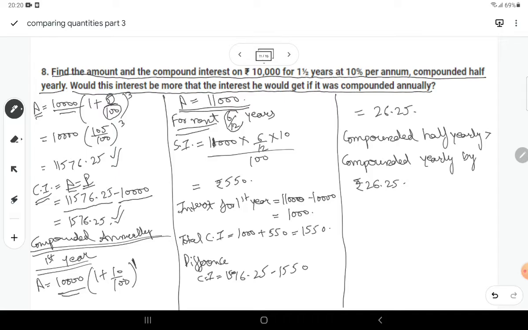half year, that is 6 by 12 years, simple interest would be 11,000 into 6 by 12 into 10 upon 100, which on solving gives the value as 550.